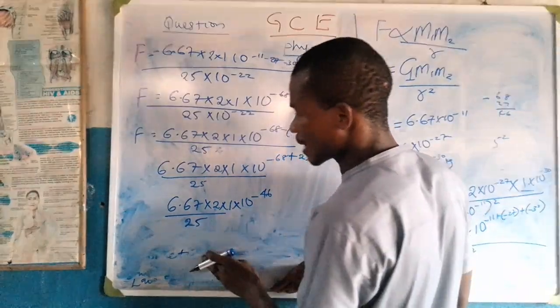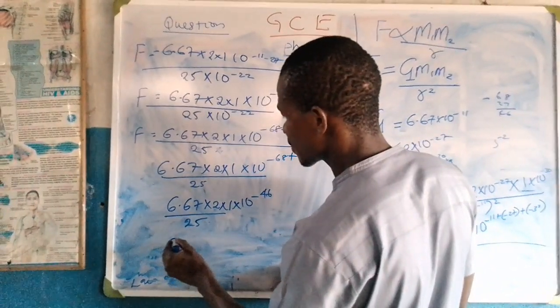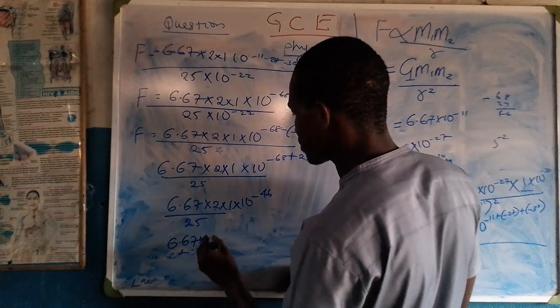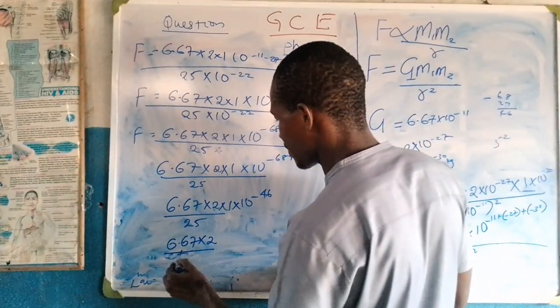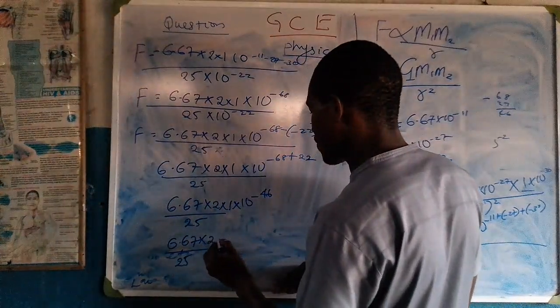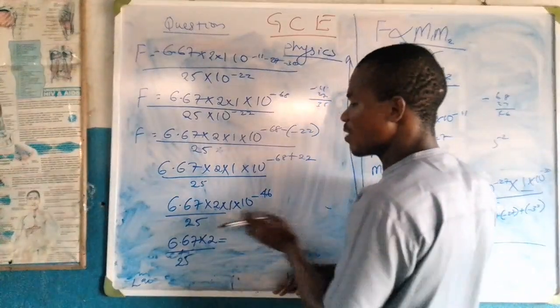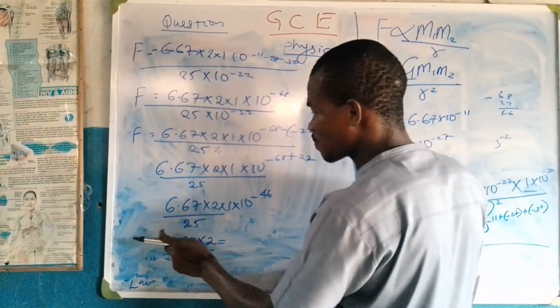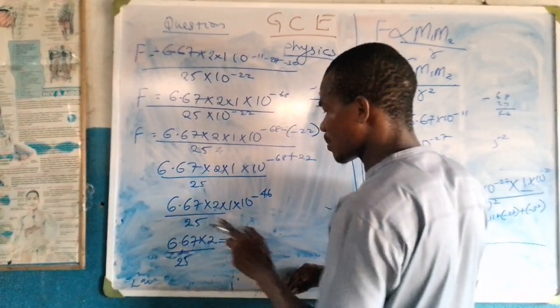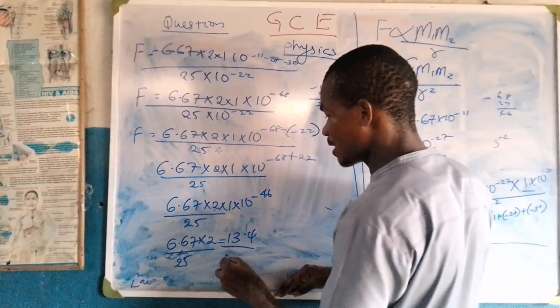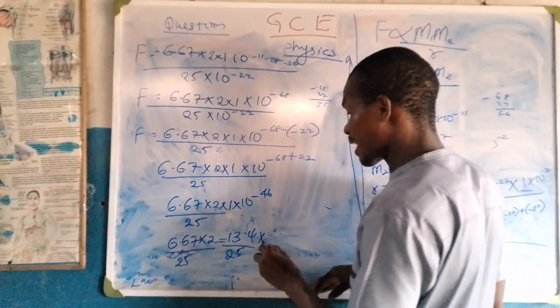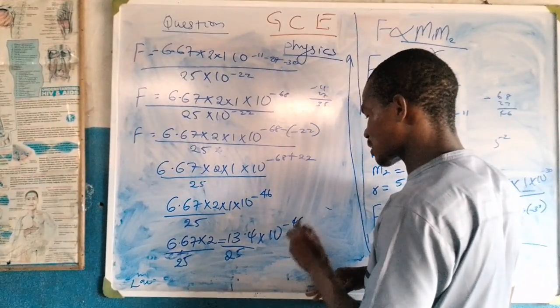Let's see what I'm going to do. I'm going to have 6.67 times 2, and remember, the 1 means nothing, divided by 25. 6.67 times 2 gives 13.4, divided by 25 times 10 raised to the power minus 46.